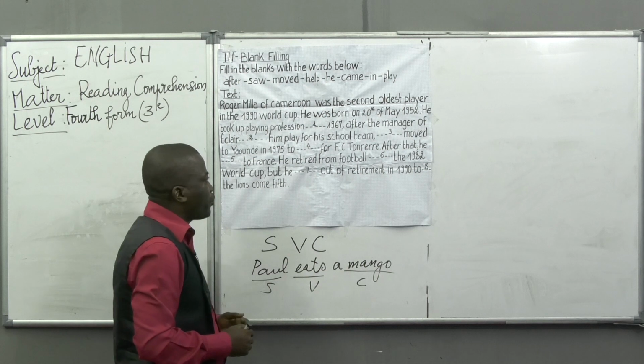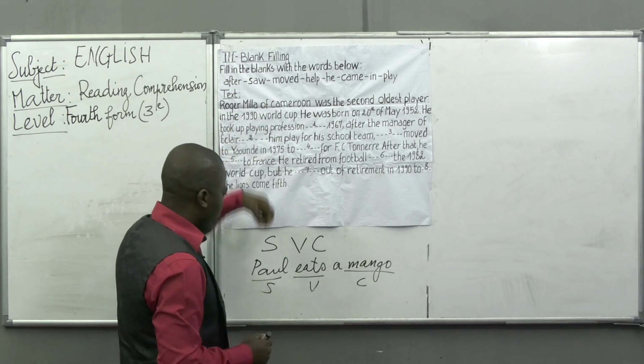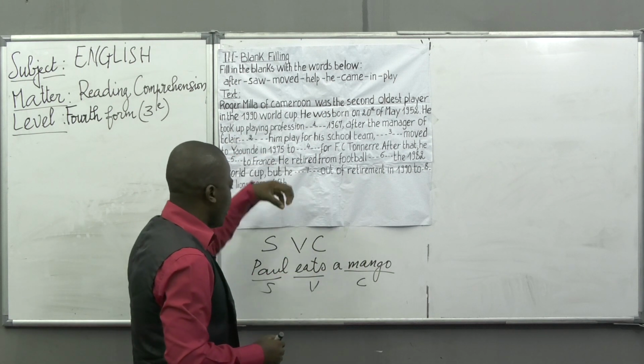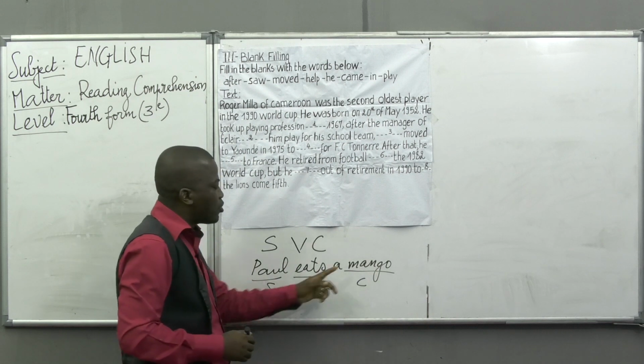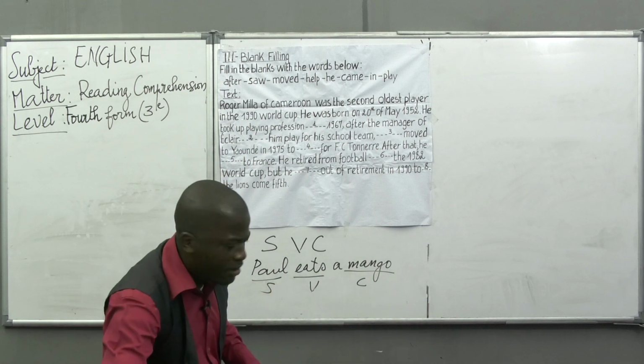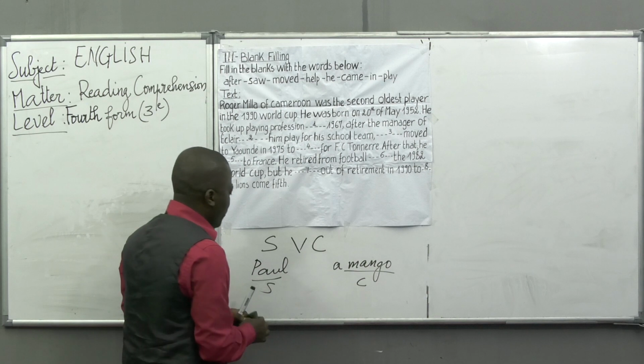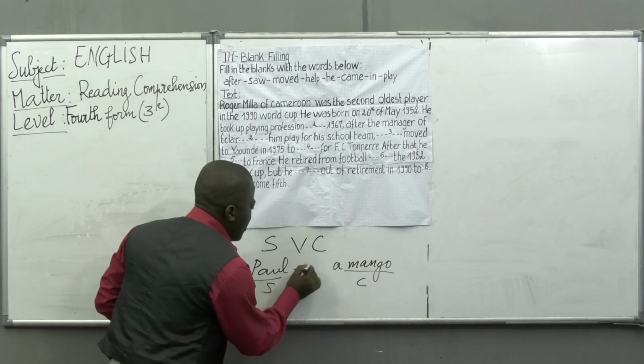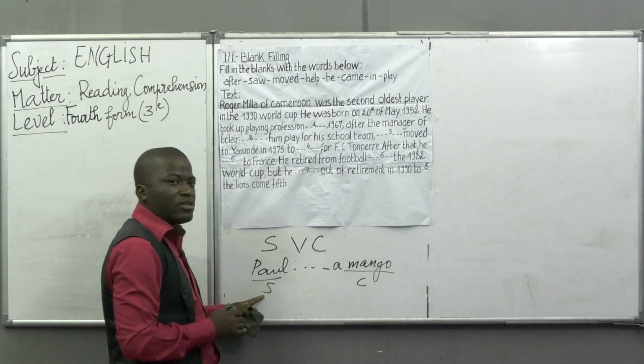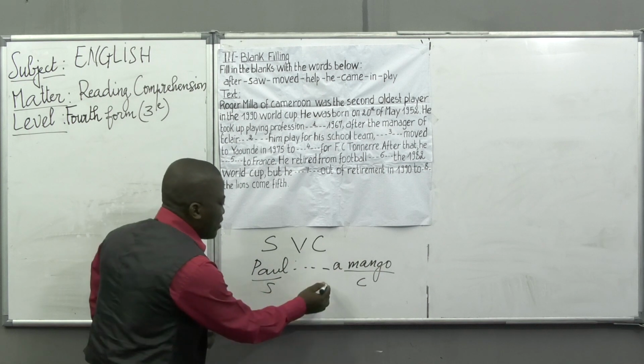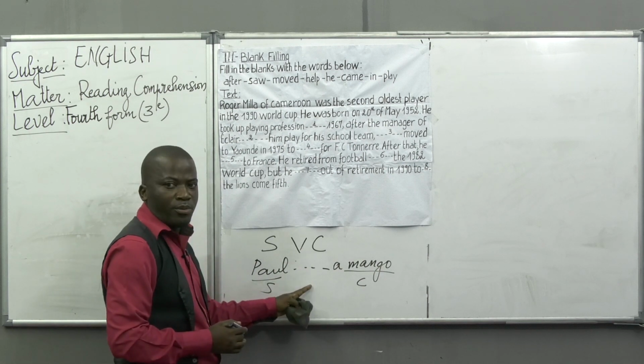So if you have to fill the words given to you in the blanks, you have to respect this word order. If, for example, we have here a gap in the middle, as this one is a subject, then the coming missing word is a verb.